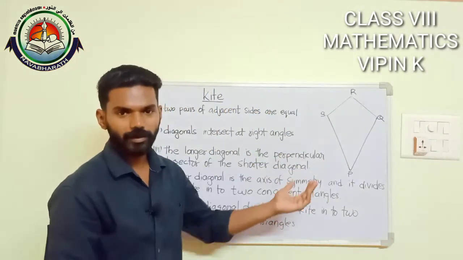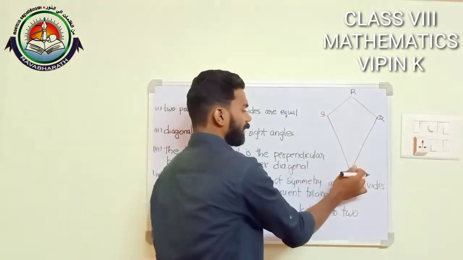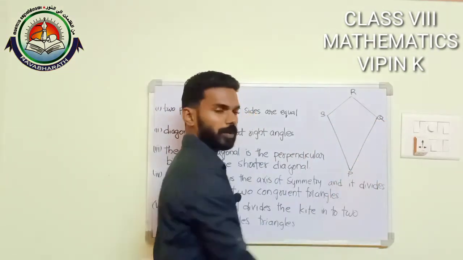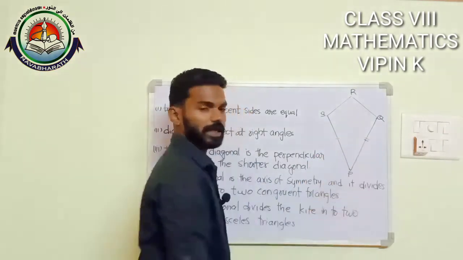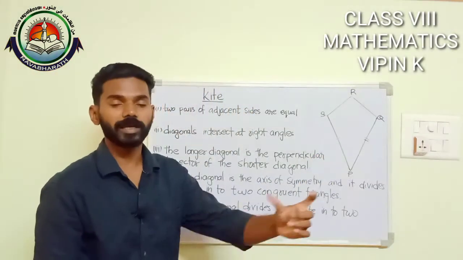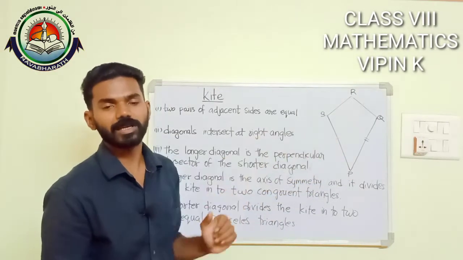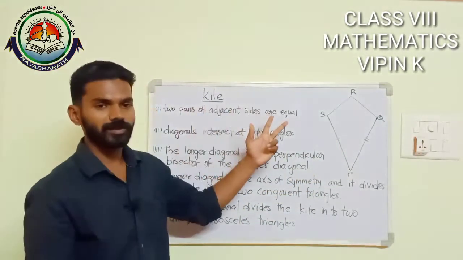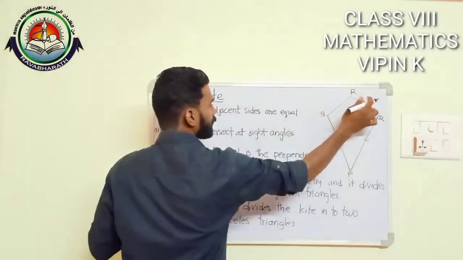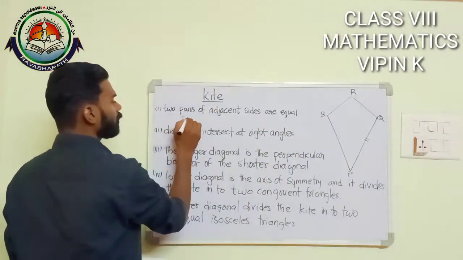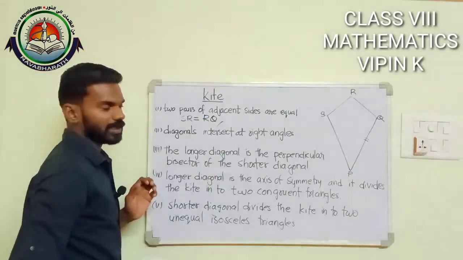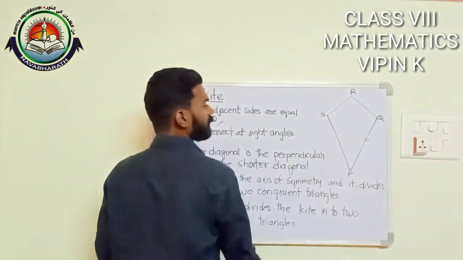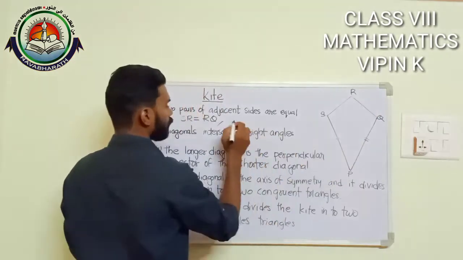Another pair of adjacent sides are SP and QP. They are also equal. Clear? So how many pairs of adjacent sides are equal? Two pairs. The one pair is SR, which is equal to RQ. Then the second pair is SP, which is equal to QP.